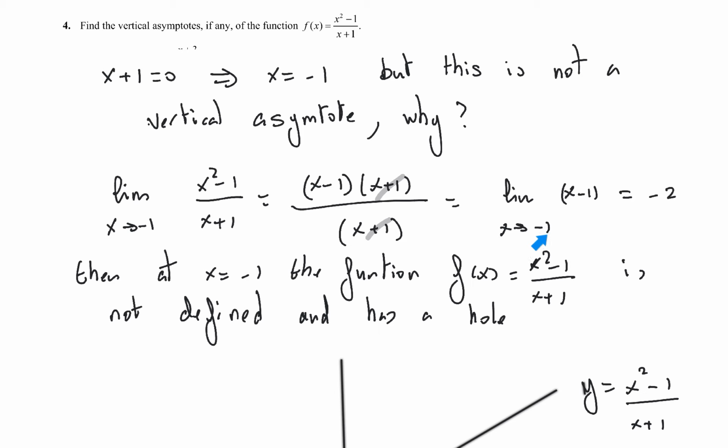When x tends to minus 1, the value of x is minus 1, so minus 1 minus 1 is minus 2. So the limit arrives at a fixed point when x goes to minus 1, and this point is minus 2. So the function is not defined at this point.